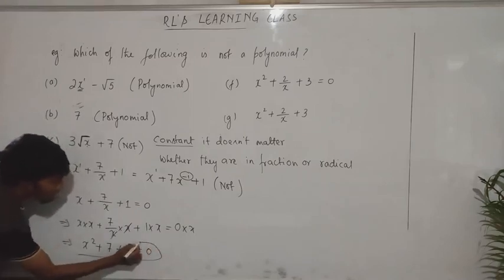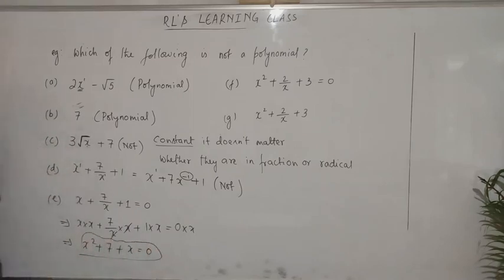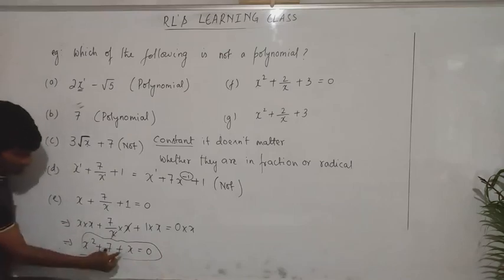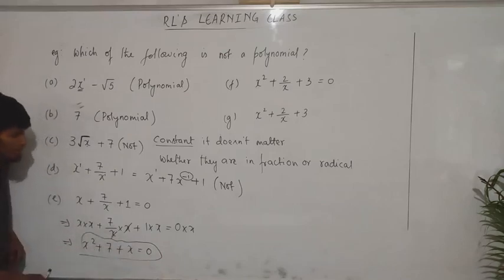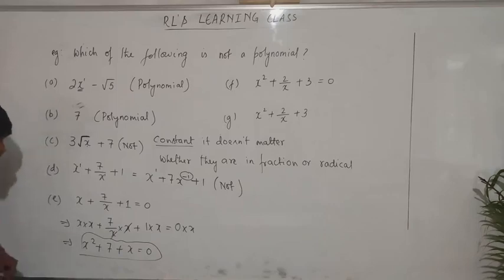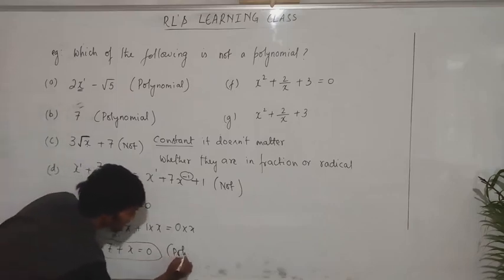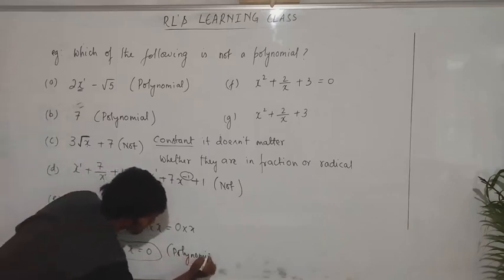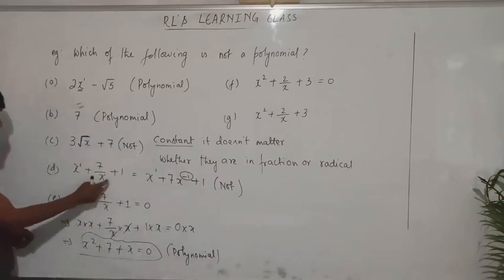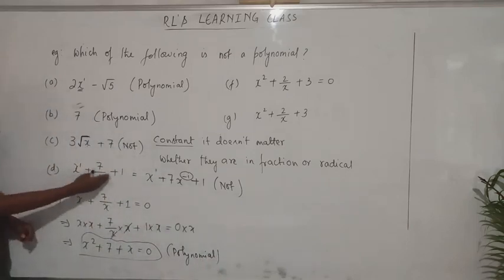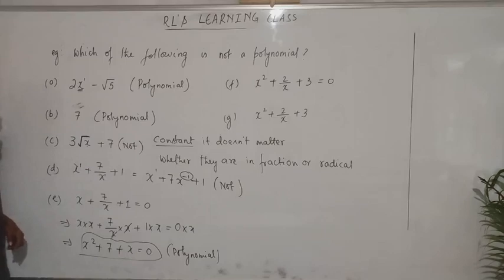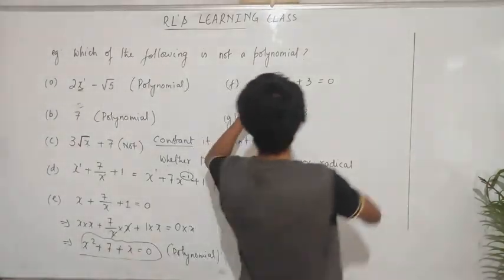Now is this a polynomial or not? What's the power here? Positive. What's the power here? Positive. There is no negative and no radical, so this is a polynomial. But this one is not a polynomial because here we cannot multiply throughout, because there is no equating to 0. Then what about these two?